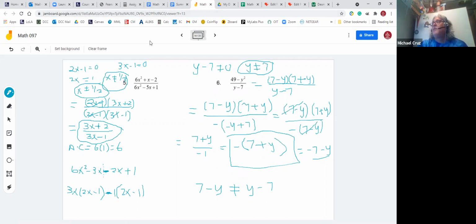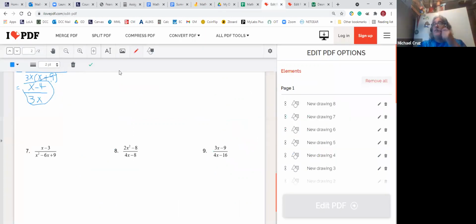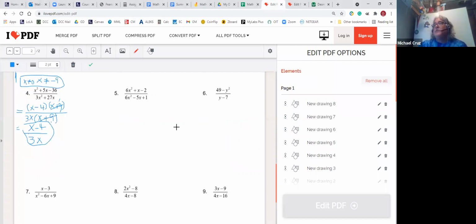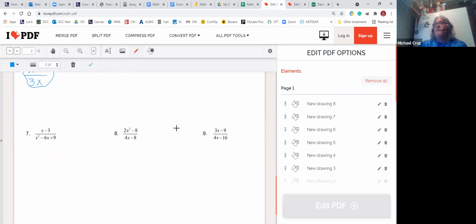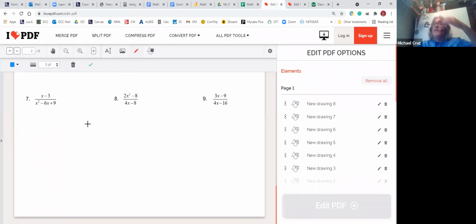All right, let's go back to the other board. All right, so let's just get back to business here now. As I had said, look at your easiest thing and see if that helps you in factoring. In other words, this right up here is already factored, this x minus 3.